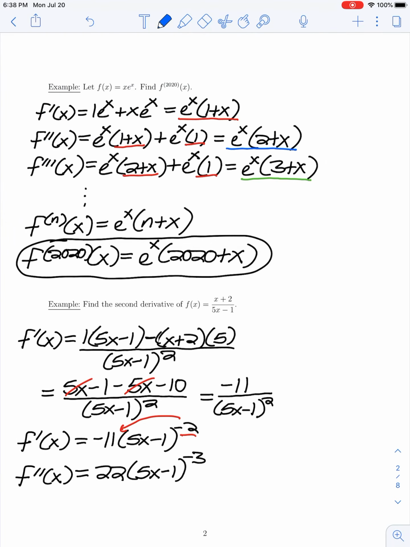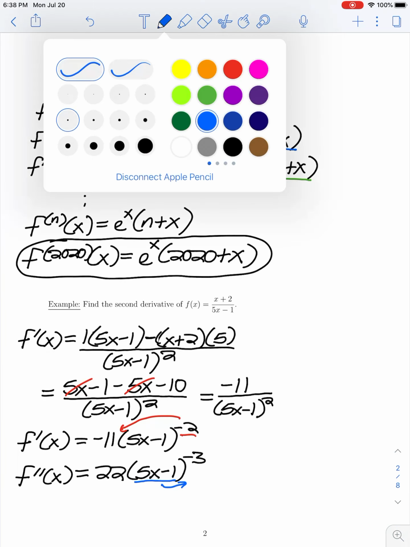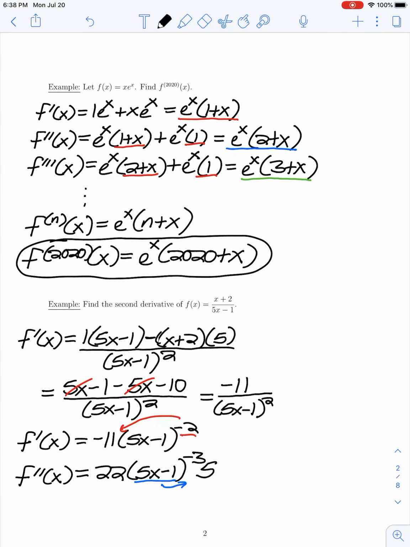And then we have to multiply by the derivative of this inner function by the chain rule, which would be 5 here. So rewriting this, we have our constant 22 times 5 would be 110. And then the 5x minus 1 to the negative third, we can think of as division by 5x minus 1 cubed.